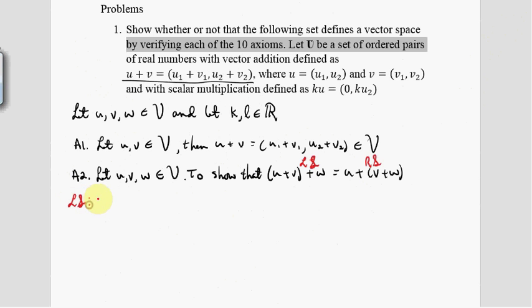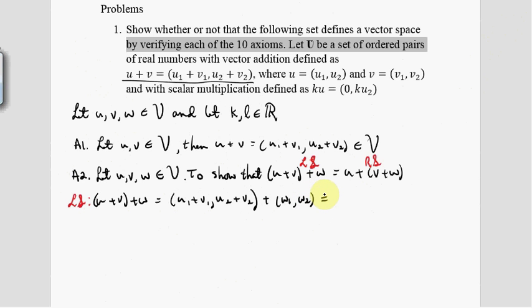So for the left side, u plus v, emphasis there first, then plus w, is equal to u sub 1 plus v sub 1, comma, u sub 2 plus v sub 2. Close that up, then plus w1, comma, w2.